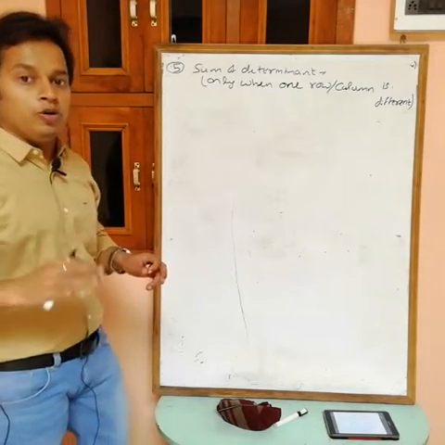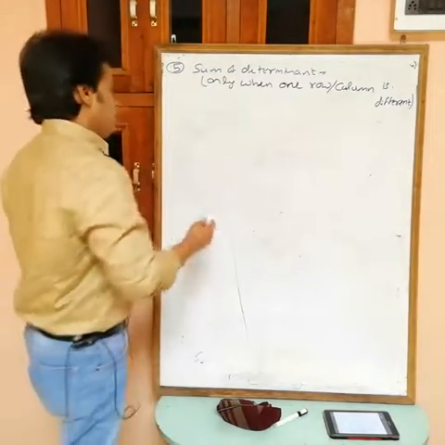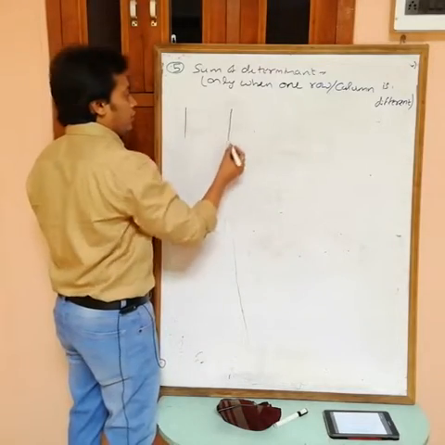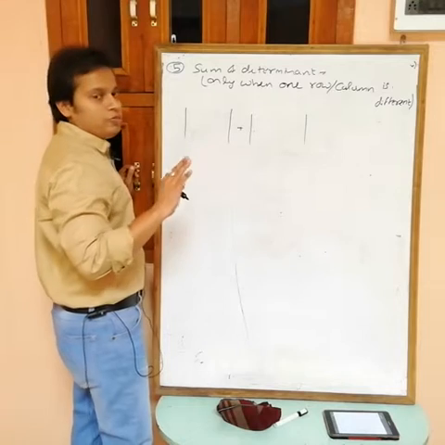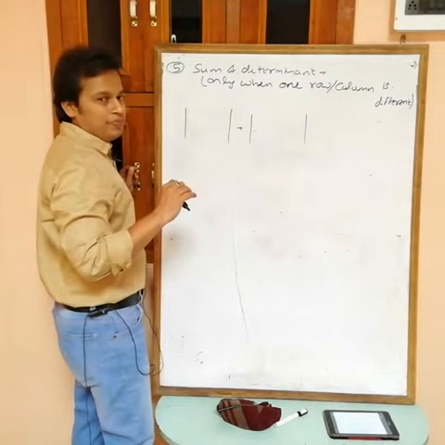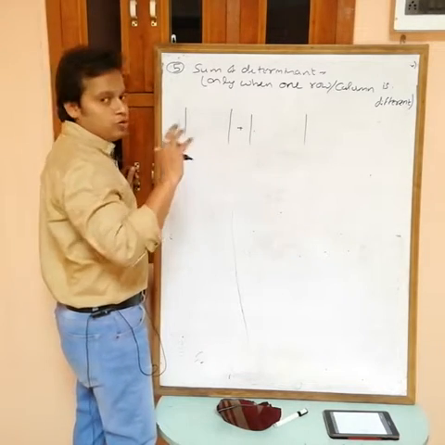It means the remaining two rows or columns must be the same. Now see, if you want to add these two determinants, then first any two rows or any two columns must be the same. Now choose a row or column. Suppose I want two rows the same.